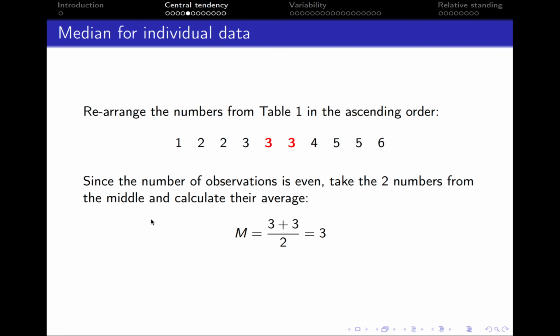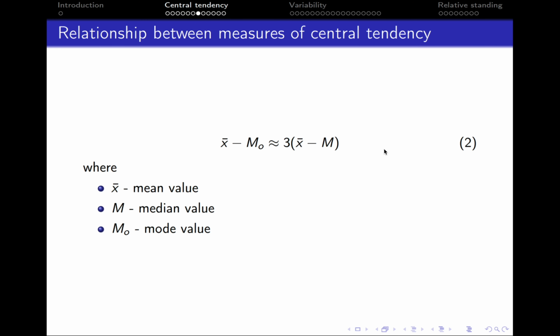For the value of 1, I will put 1 on the frequency axis. For 2, I will put 2 because it appears 2 times. For 3, I will put 3 because it appears 3 times. For 4, I will put 1 because it appears only 1 time. For 5, I will put 2 because it appears 2 times. And for 6, I would put 1 because it appears 1 time in the data set.